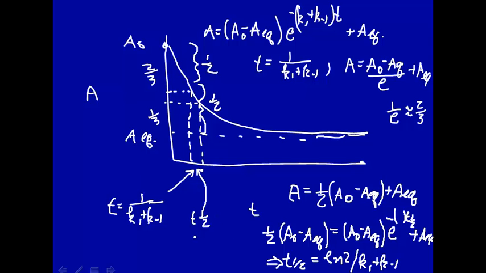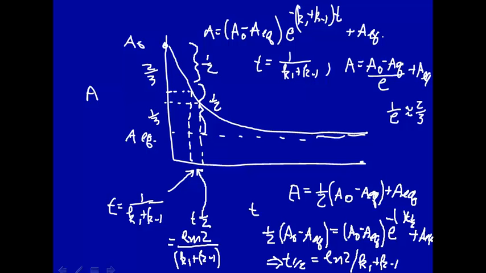So here the half time is equal to natural log of 2 divided by the sum of the rate constants K1 plus K minus 1. So this gives you another approximation. See how long it takes for this reaction to decay to half of its equilibrium value, and that time is equal to natural log of 2 over the sum of the rate constants.